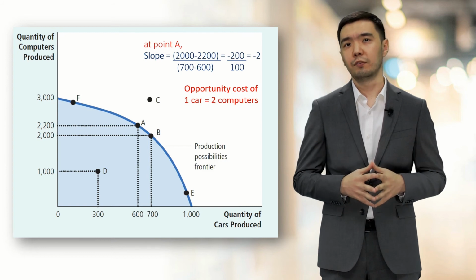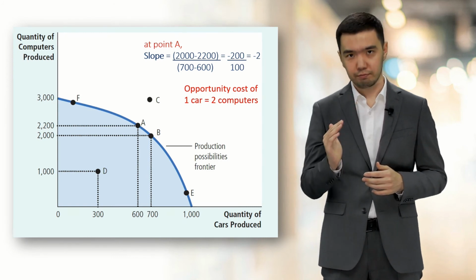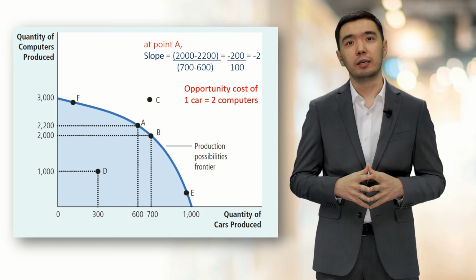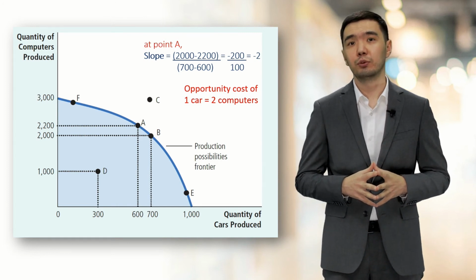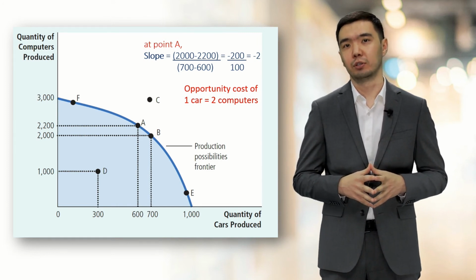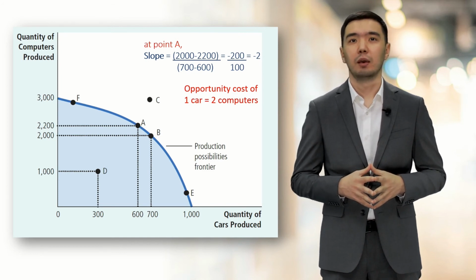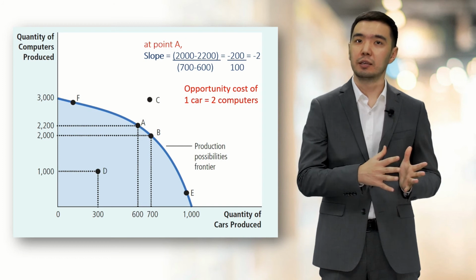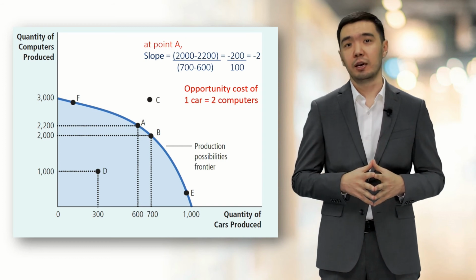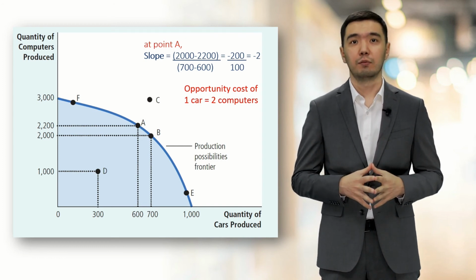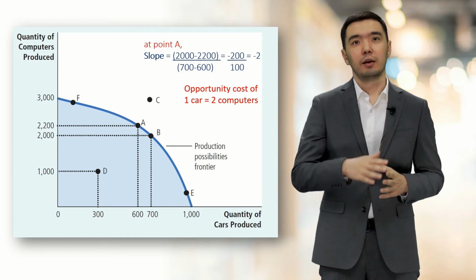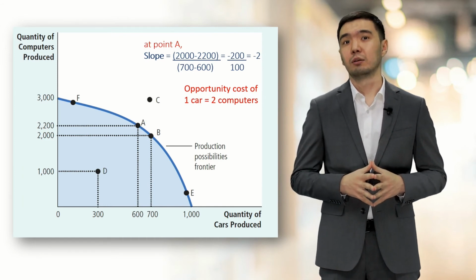Because the curve in this figure is bowed outward, the opportunity cost of a car is highest when the economy is producing many cars and fewer computers, such as at point E, where the frontier is steep. When the economy is producing fewer cars and many computers, such as at point F, the frontier is flatter, and the opportunity cost of a car is lower.